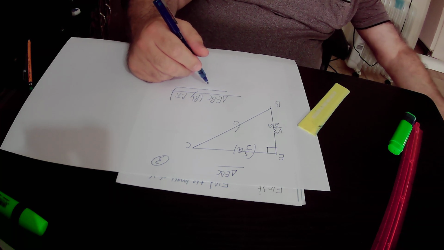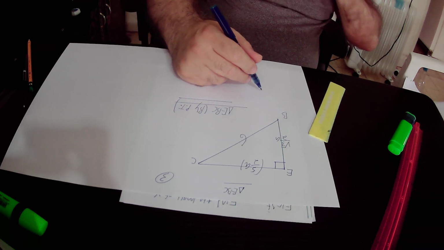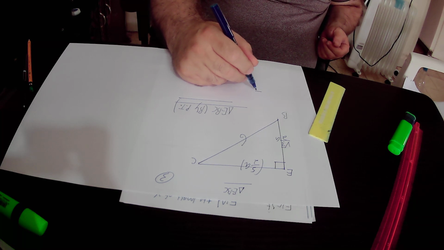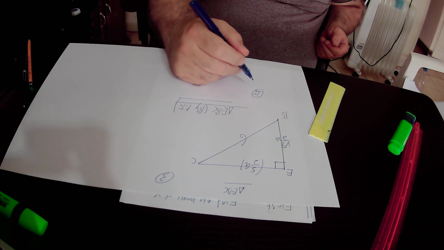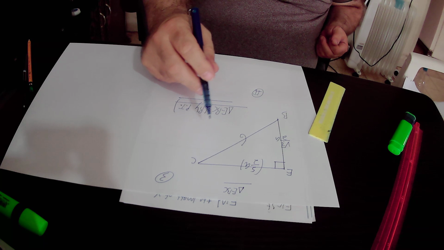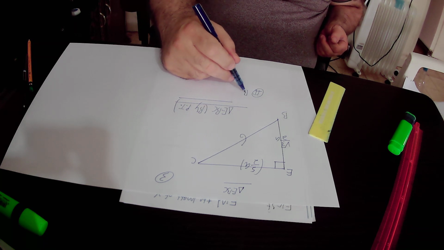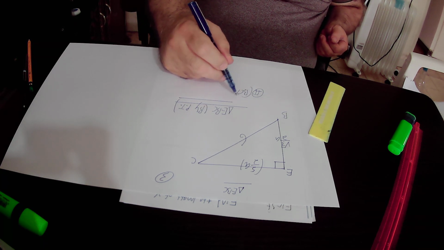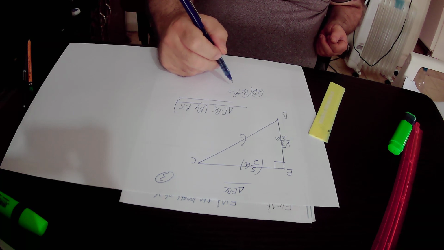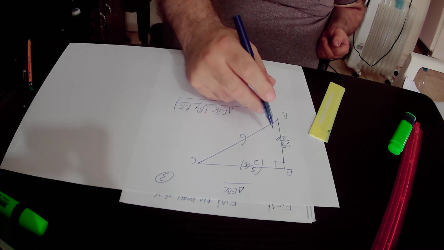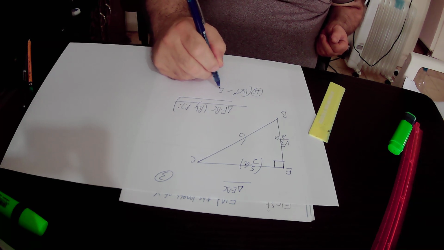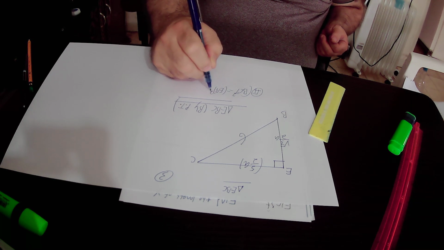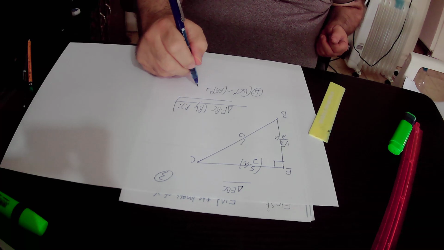Here, this will be equation number 2. The square of the hypotenuse equals the sum of the squares of the perpendiculars. The hypotenuse is BC, so the square of the hypotenuse is BC squared, and it must be equal to the sum of the squares of the perpendiculars. That is to say, it must be equal to EB squared plus EC squared.